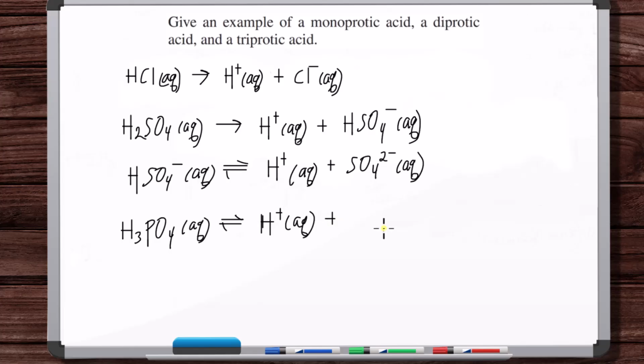into H plus ions, and then, okay, but now even in this environment with H plus ions, it's still chemically favorable for this to go ahead and dissociate as well. And this is going to be reversible.